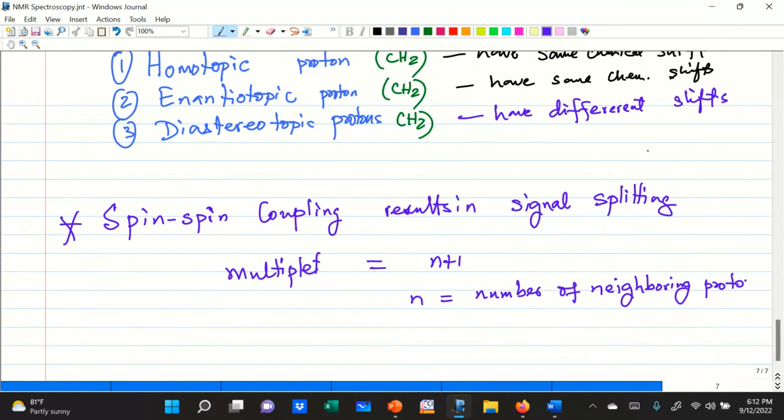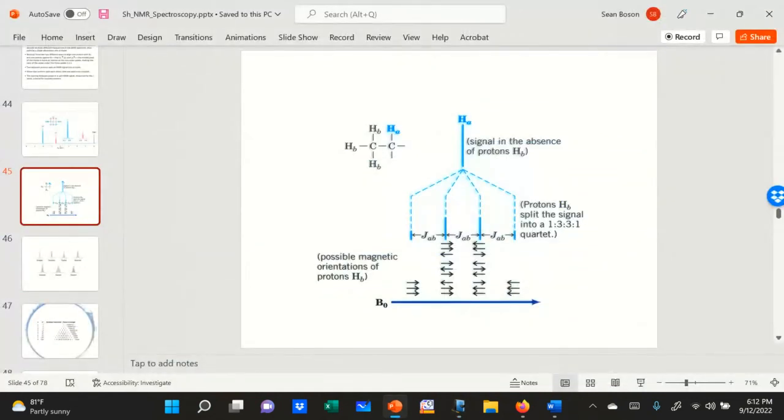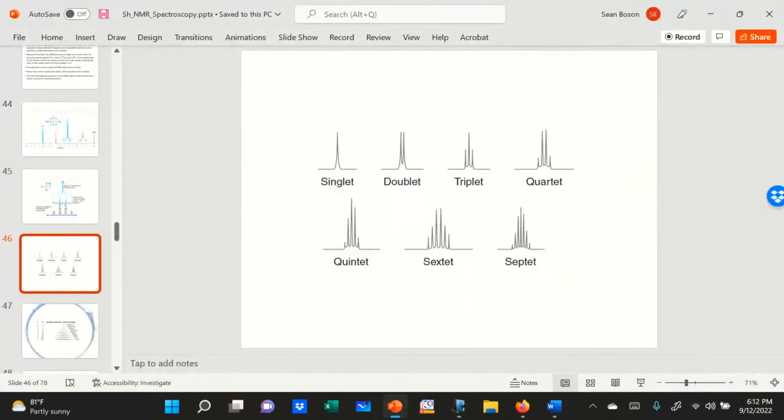So if you have one neighbor, that is going to be 1 plus 1, 2, a doublet. If you have two neighbors, 2 plus 1, 3, a triplet, and so on, which is what you can see in this. If you have zero neighbors, meaning no neighbor, then n is 0, so n plus 1 is 1. That means it is a singlet, no influence.